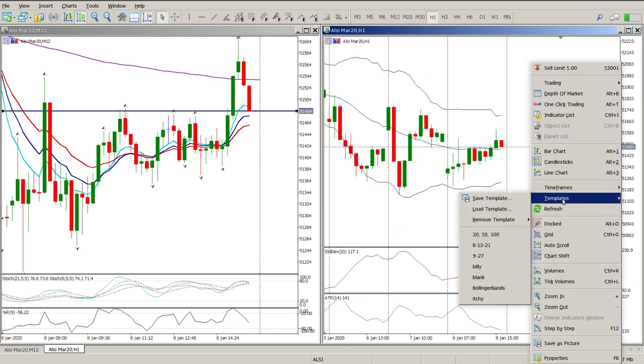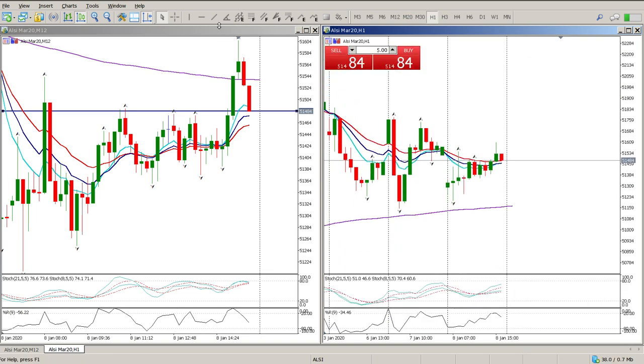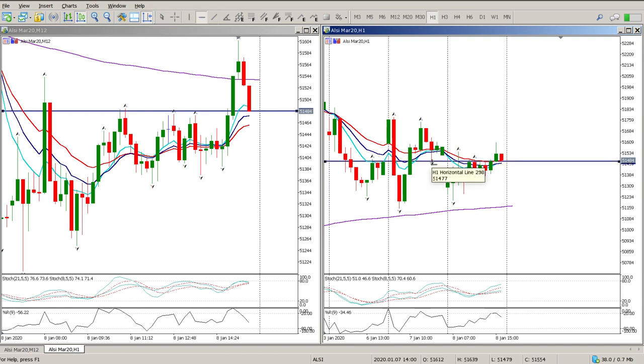Personally, I want to see some breakouts now before I commit to anything on the Aussie. So I'm looking for breakouts. And I suppose this level here is probably something to pay attention to: 51,479.